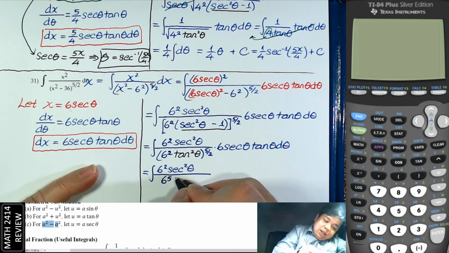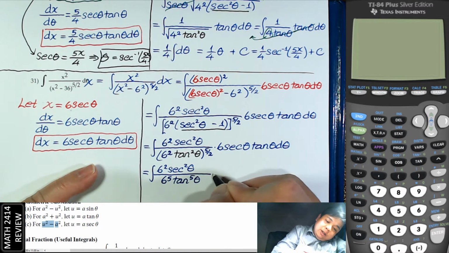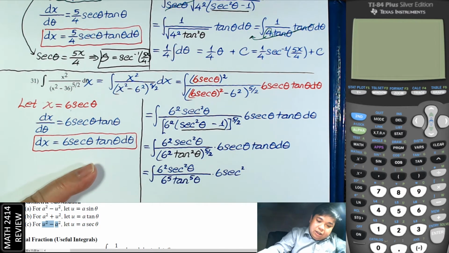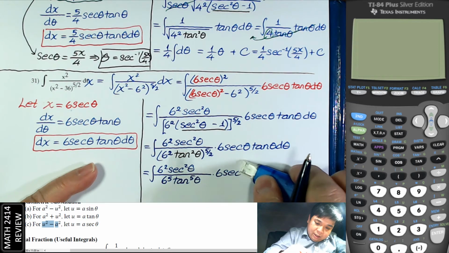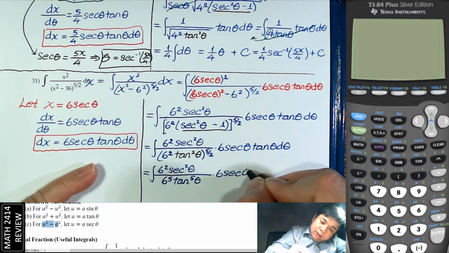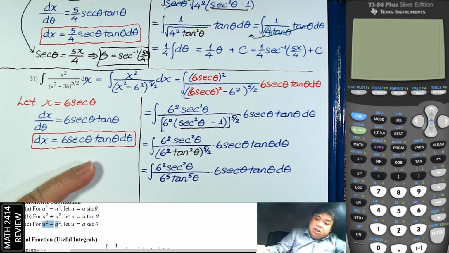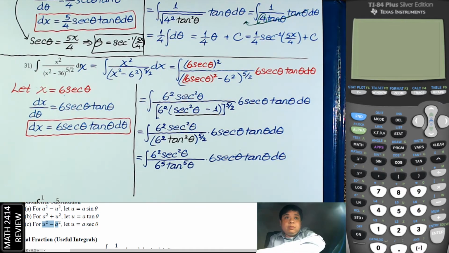Likewise, tangent to the 5th, 6 secant squared, 6 secant tangent d theta. Let's simplify this.